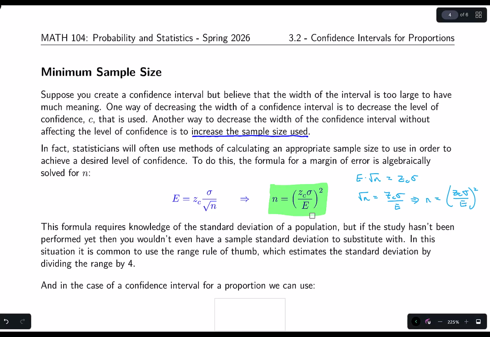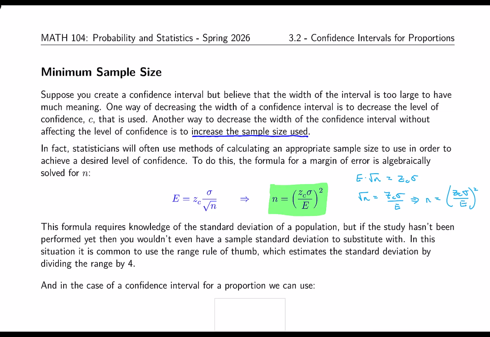So you need to decide what the width of your interval is going to be, your level of confidence, but you would also need to know what the value of your standard deviation is. And if you haven't done your study already, that's a rather difficult thing to actually know.